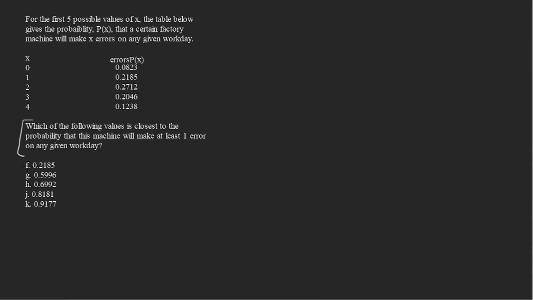Which of the following values is closest to the probability that this machine will make at least 1 error on any given workday? Now I haven't emphasized, like I normally like to do, the details, right? The detail here is that it's making at least 1 error. So we're only looking at these values, right? Only these errors. So let's calculate that.